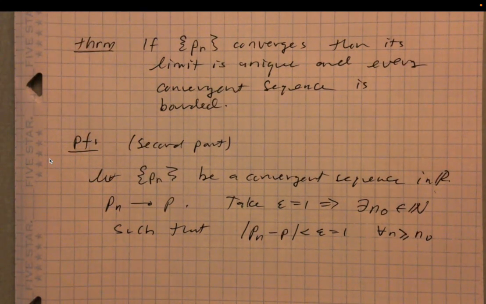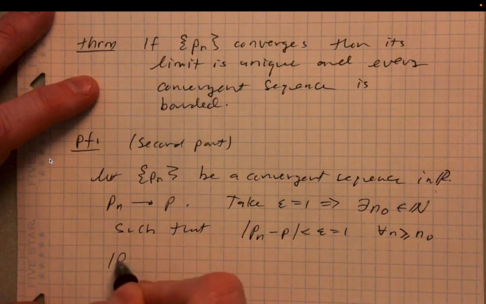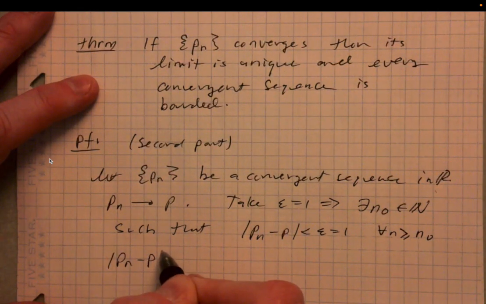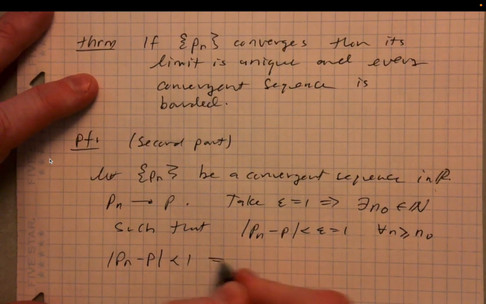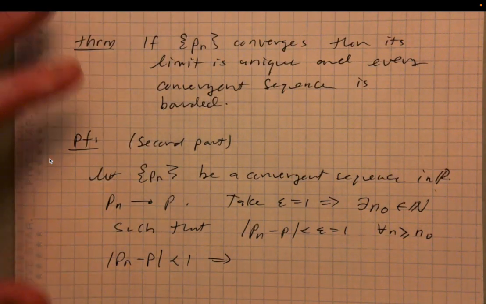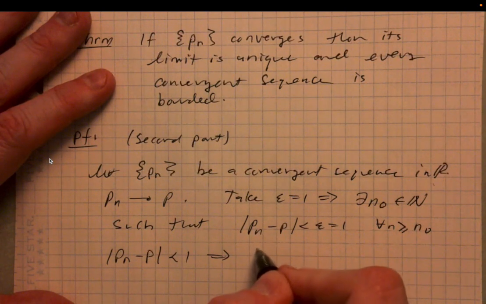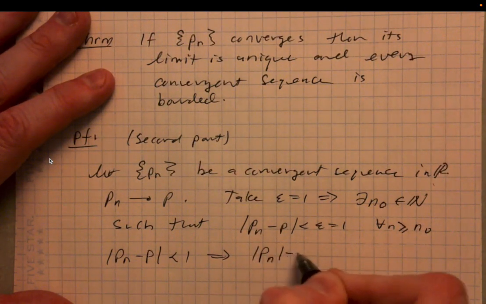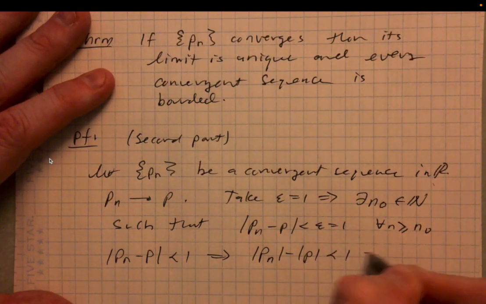Well, if that's the case, if the absolute value of P sub n minus P is less than 1, then by the theorems we've talked through earlier, we can see that the absolute value of P sub n minus the absolute value of P is less than 1.